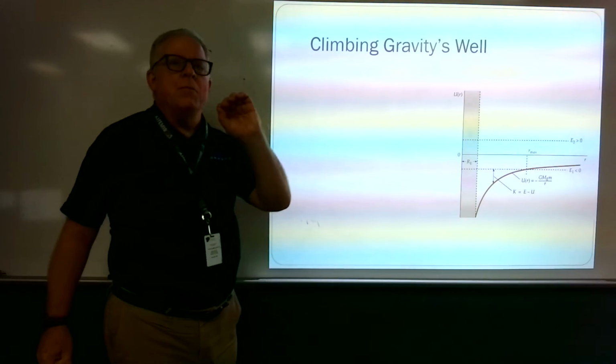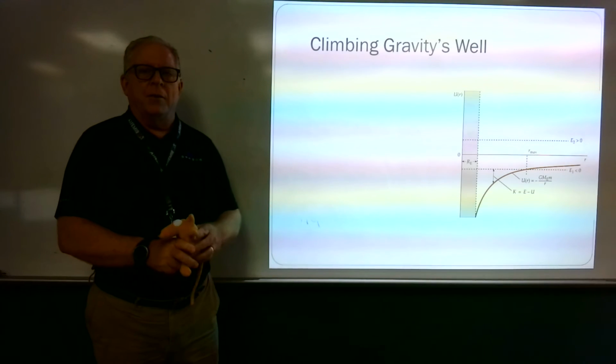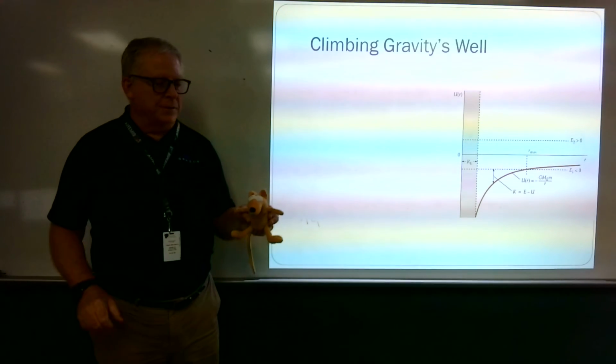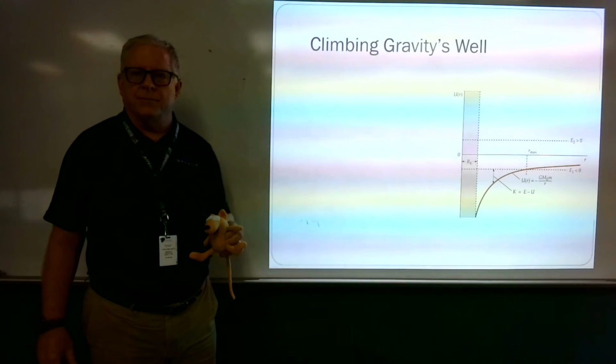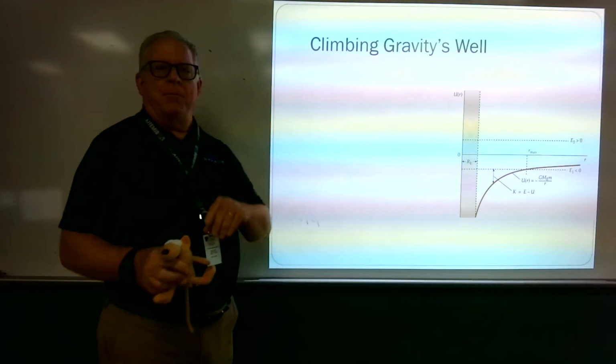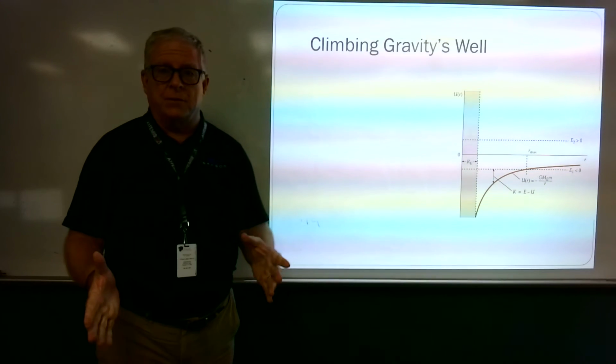In other words, the minimum condition would be when Ratbird gets so far away from the Earth that his potential is essentially zero, that's where you want him to have zero kinetic energy. So at that point, the kinetic energy plus potential energy will add up to zero.